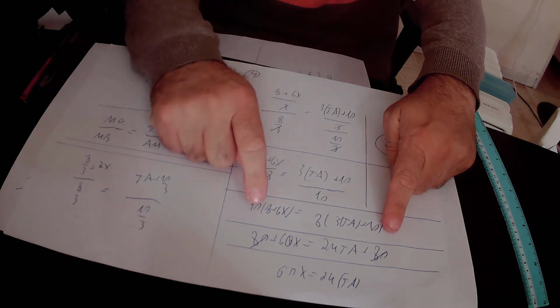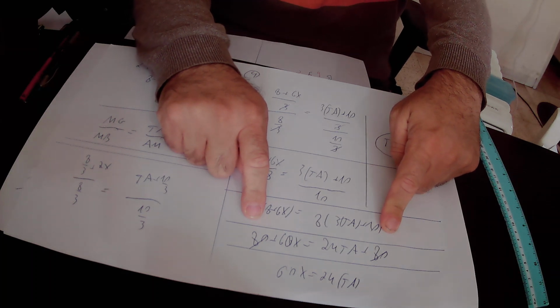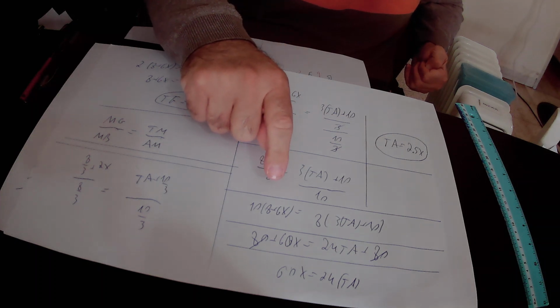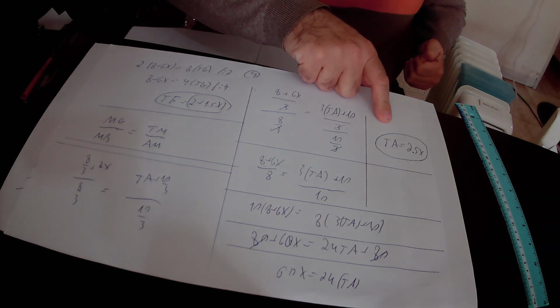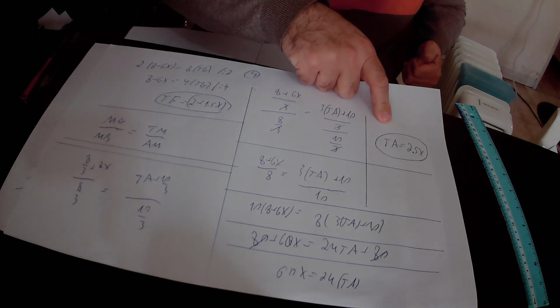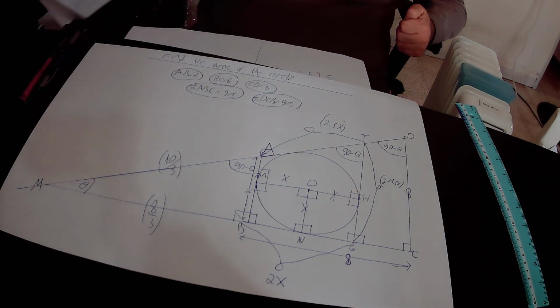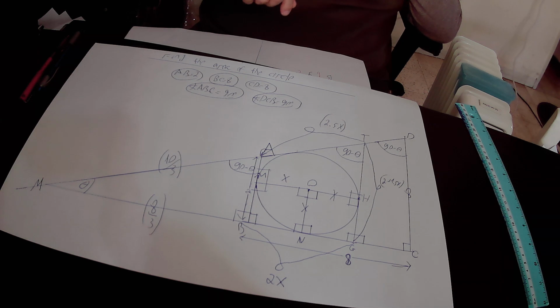So we have 80 on both sides of the equation, so 80 will get cancelled, and we are left only with 60x equals 24TA. We divided this equation by 24 and finally found out that TA equals 60x over 24, which equals 2.5x. TA equals 2.5x, so we can write here that the length of this line segment TA is equal to 2.5x.